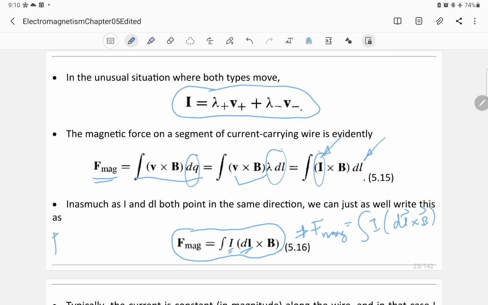And remember that F mag for point charges is equal to q v cross B. This is for a current-carrying wire, and this is for point charges. There's no integral here. You have an integral because you're dealing with a continuous distribution of moving charges.